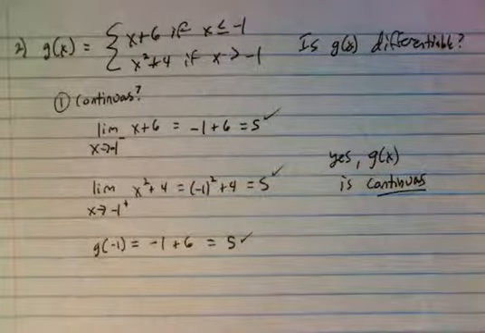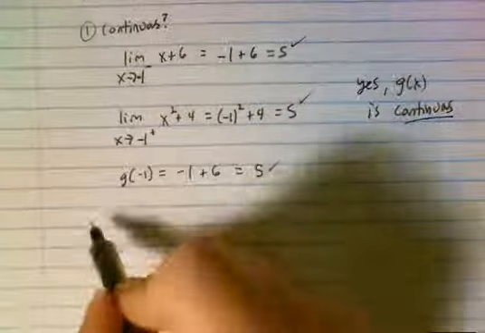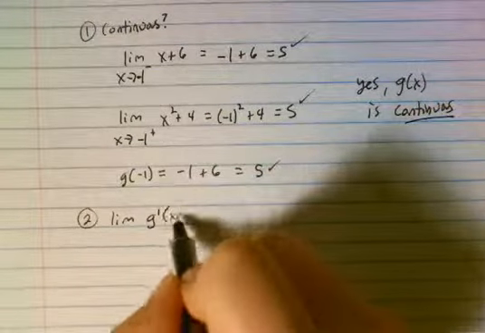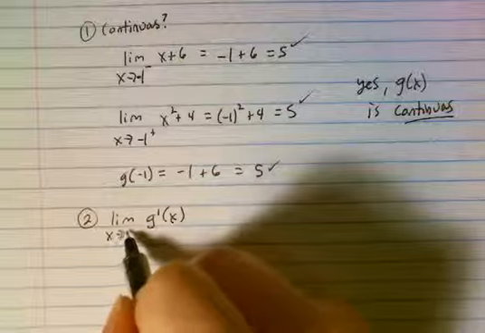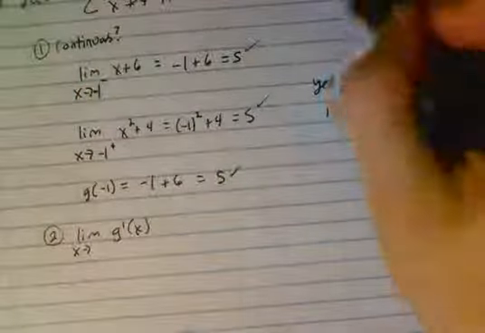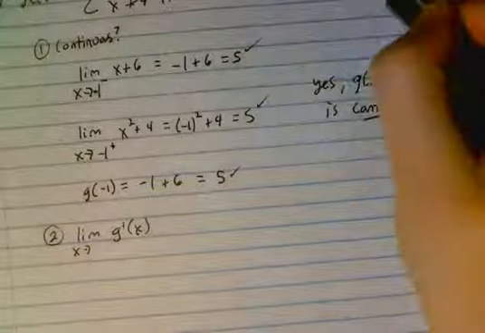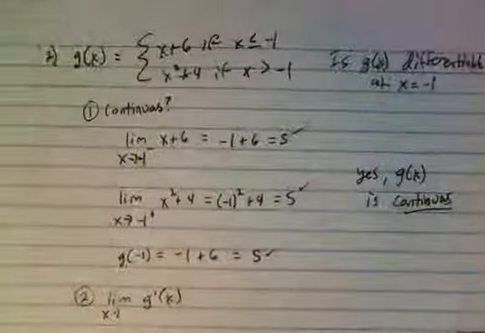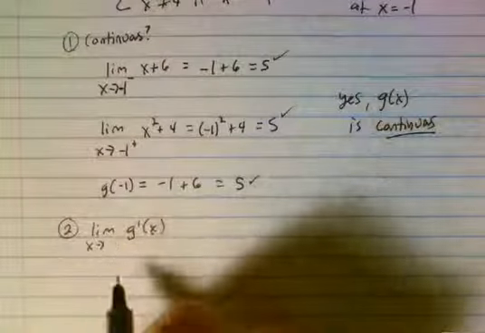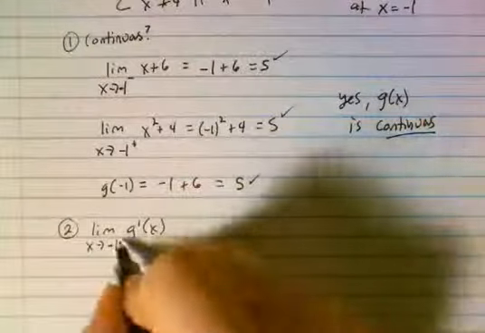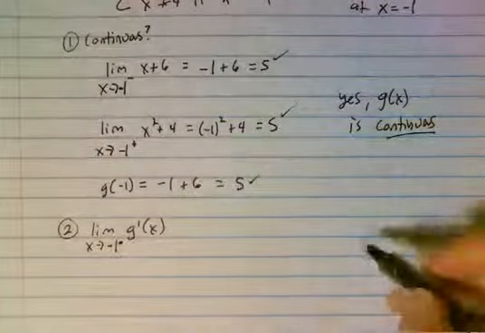But we can't stop there. For it to be differentiable, it has to both be continuous and the limit of the derivative must match. So is g of x differentiable at x equals -1, because that's the only point of interest. We can see that it's differentiable or continuous for the rest. So as x approaches -1 from the left, let's see what we've got.